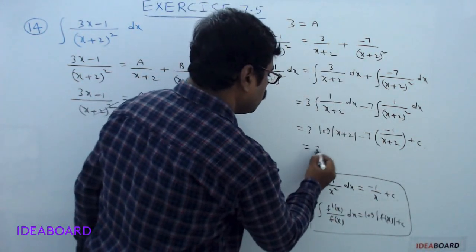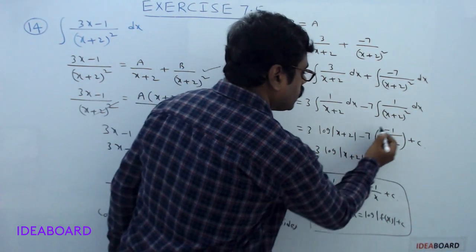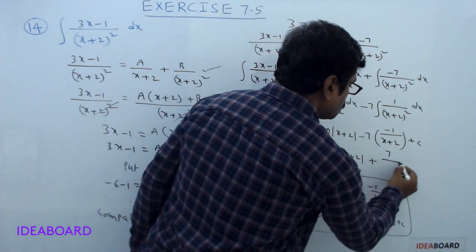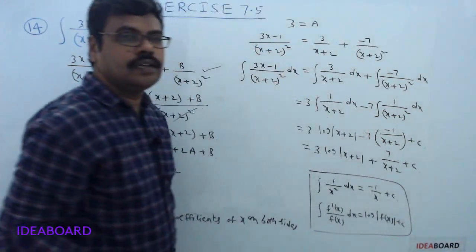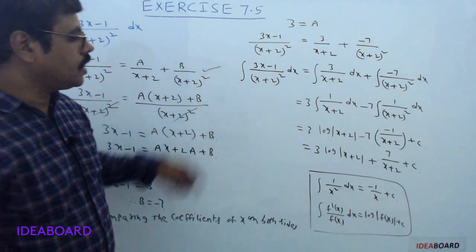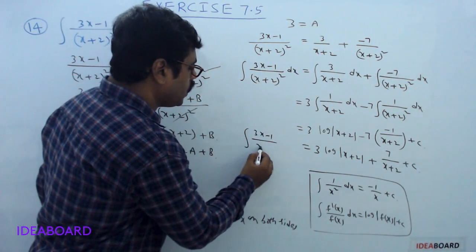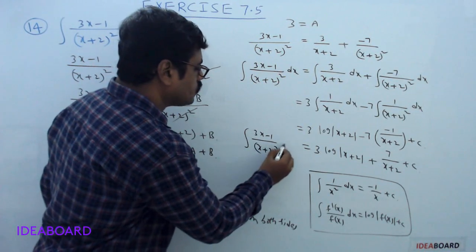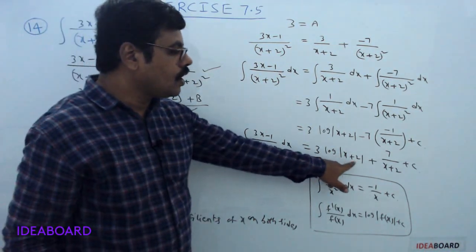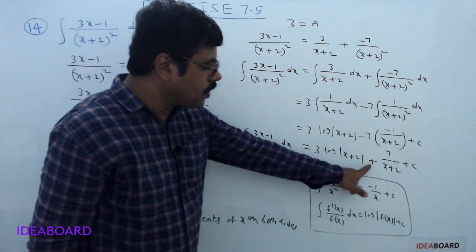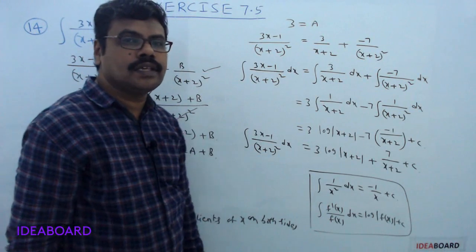Now this is 3 into log mod x plus 2 minus into minus, plus 7 divided by x plus 2 plus a constant c. So integral 3x minus 1 divided by x plus 2 whole square dx equals 3 into log mod of x plus 2 plus 7 divided by x plus 2 plus a constant c.